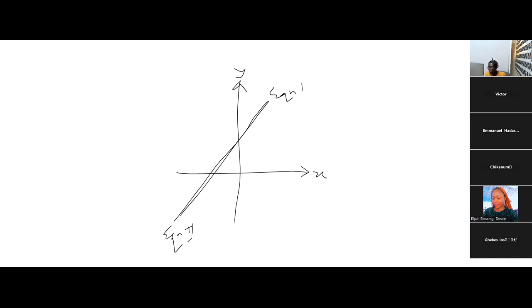But most of the time, we don't always have this type of problem when we are solving systems of linear equations. What are the methods that we can adopt to solve systems of linear equations? I'll tell you the methods now. One, we have what we refer to as graphical method.